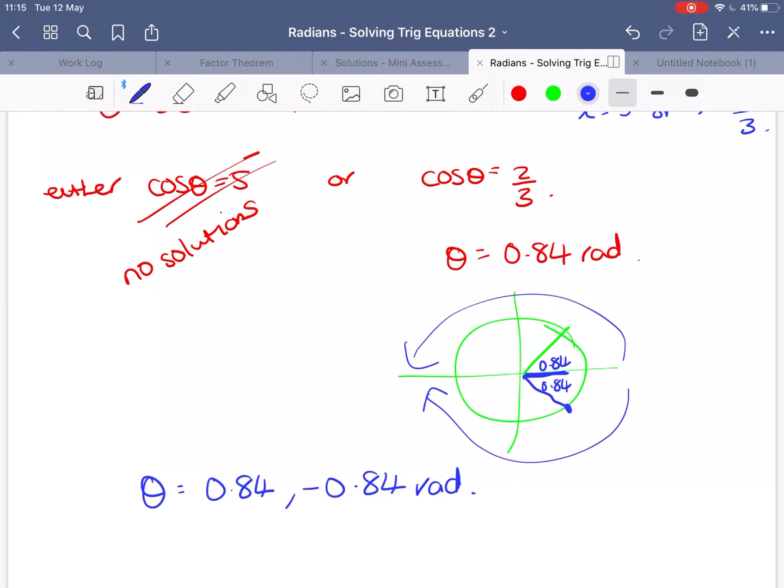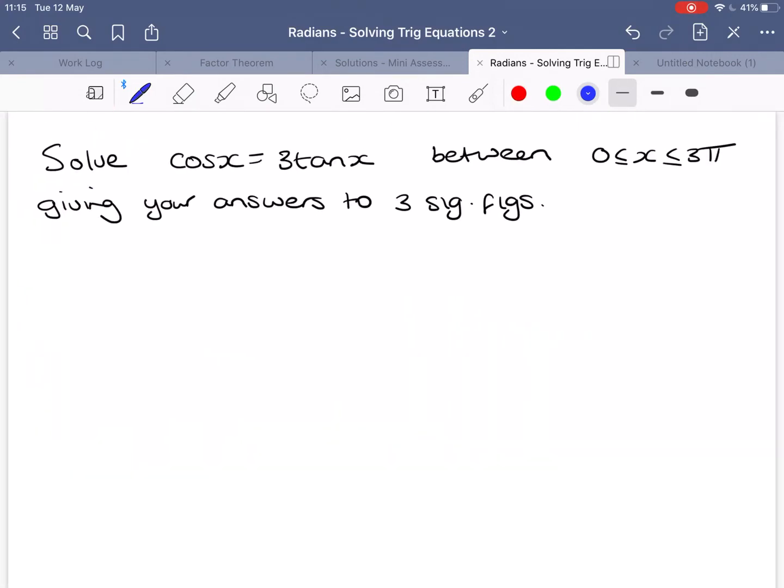Okay. And the last one looks a little bit different, but actually it all comes down to the same thing. It's got a bit of a trickier range, this one. But the easiest way to think about this is to think about what we know about tan. And we know tan x is sine x over cos x.